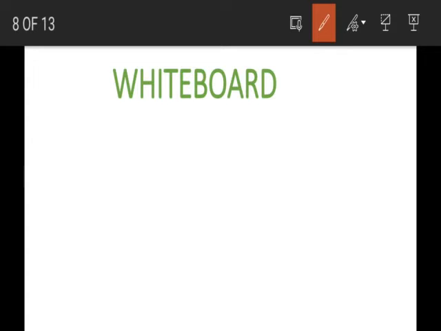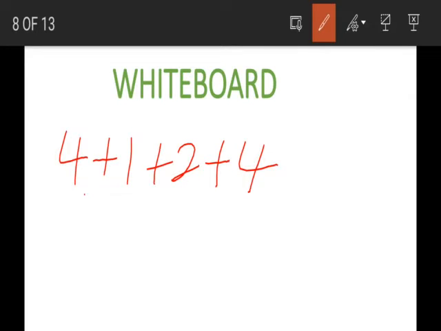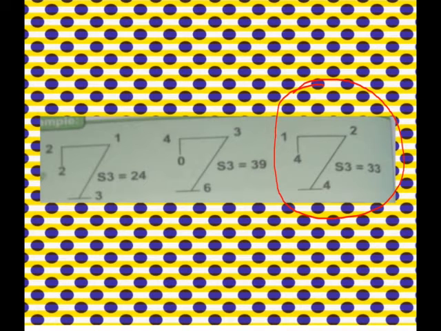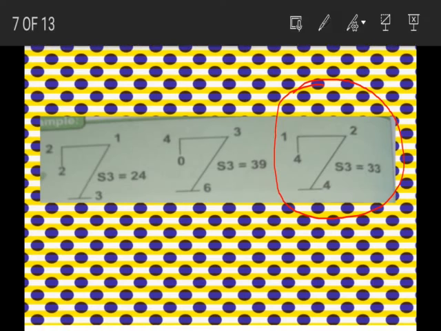To get your 33, you simply add all those other numbers. That is 4 plus 1 plus 2 plus 4 again. That will give you 11. This is what we did.